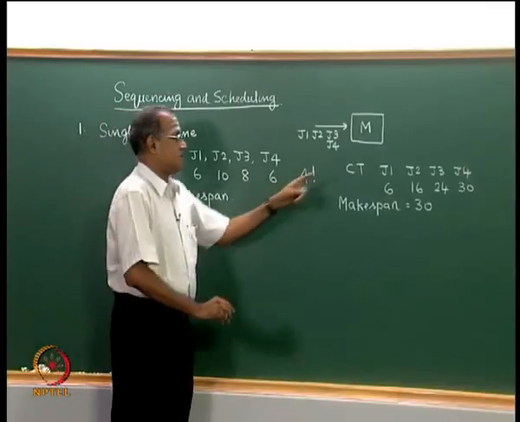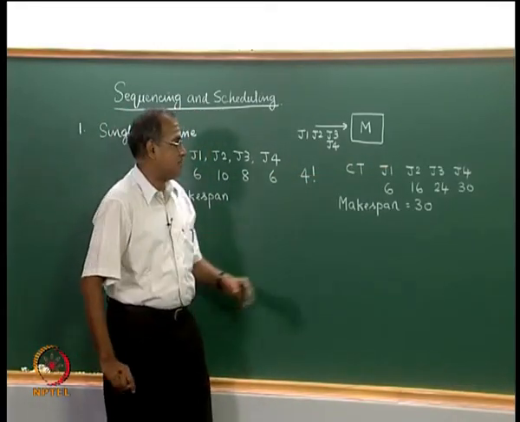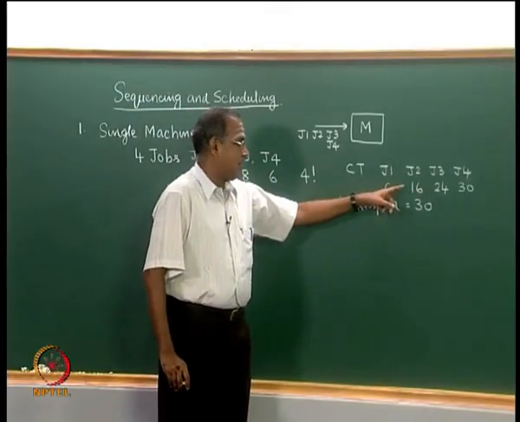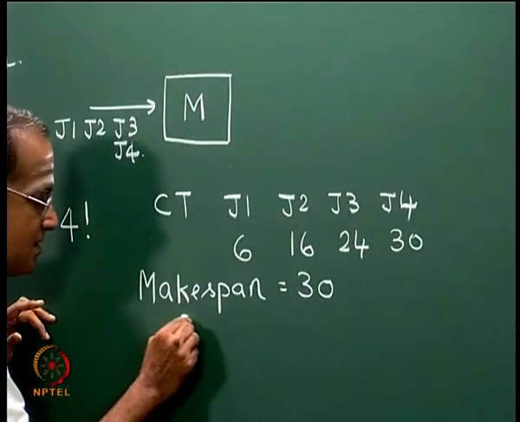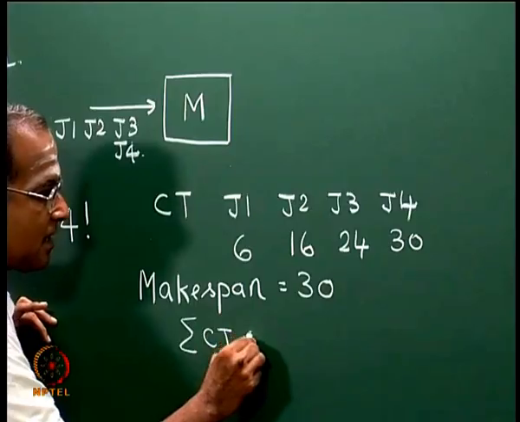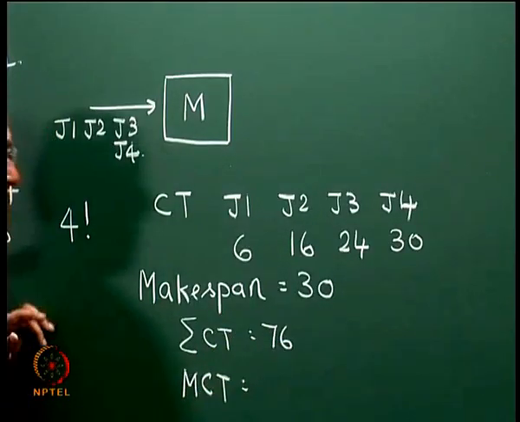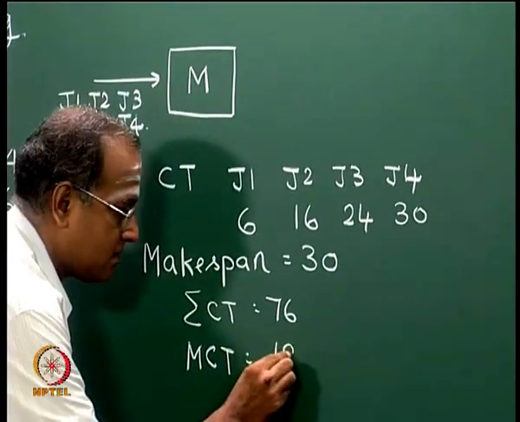For a given sequence J1, J2, J3, J4, the sum of completion times is 6 plus 16 plus 24 plus 30, which is 22 plus 24, 46 plus 30, 76. So, sum of completion times equal to 76 and mean completion time equal to 76 divided by 4, which is 19.